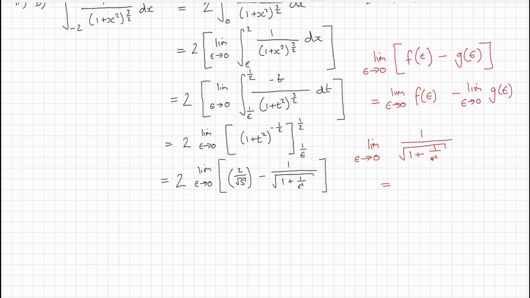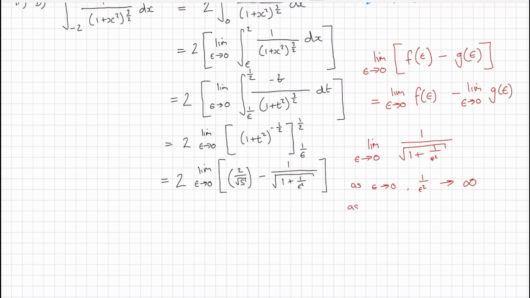Now, as epsilon tends to 0, 1 over epsilon squared, what does that tend to? If the bottom is tending as close as it can to 0, then that's going to get massive and tend to infinity.